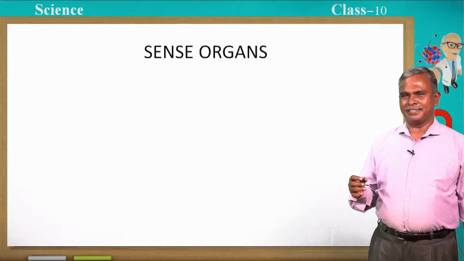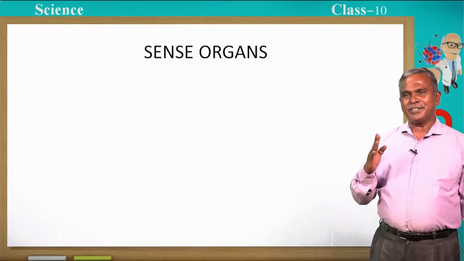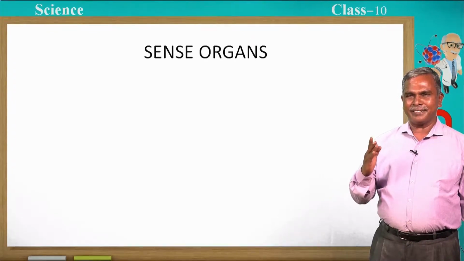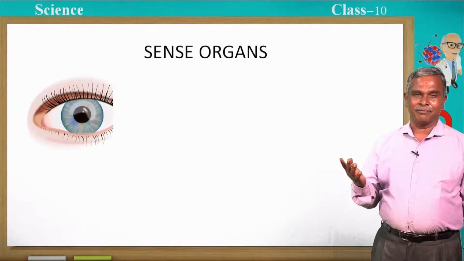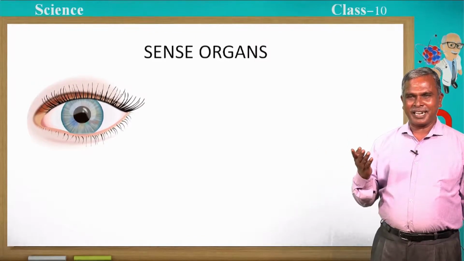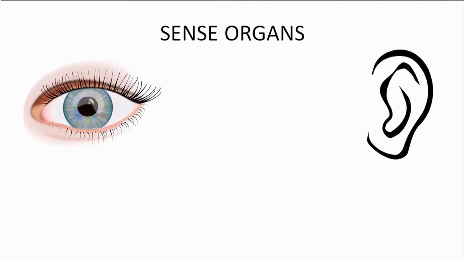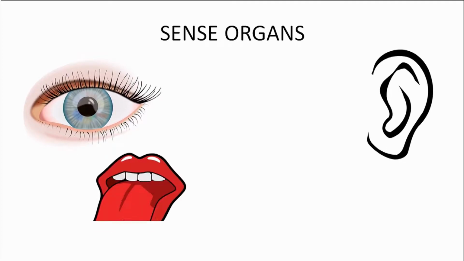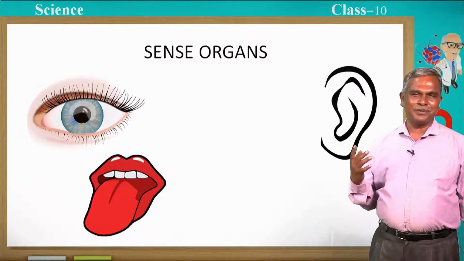Sense organs. In our body, mainly there are 5 major organs which are very much essential for the sense. Hence, they are called as the sensory organs. The first one is the human eye, which enables us to see. The second one is ear. It helps us to listen to the sound. The third one is tongue, which helps us to speak and which helps us to even get the taste of the food.